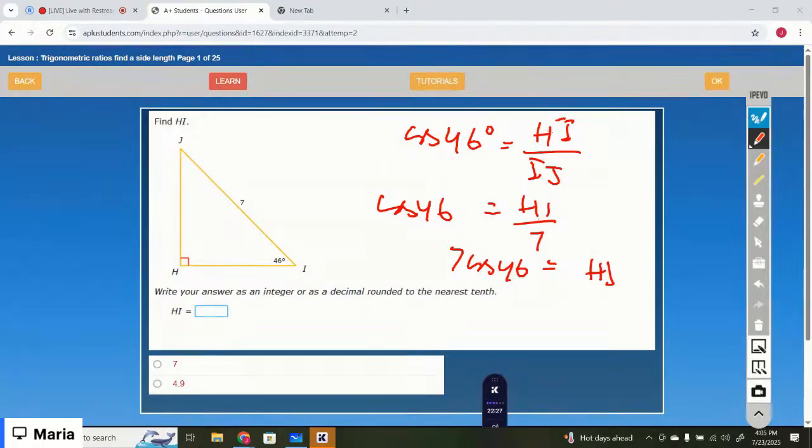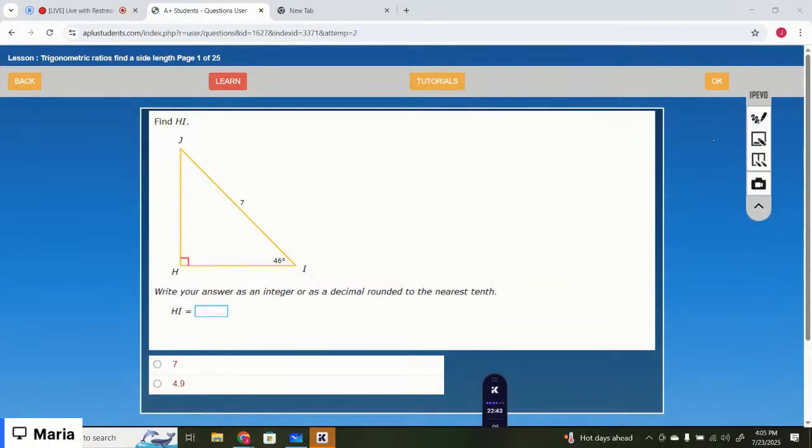Cos 46 is 0.694. 0.694 times 7 equals 4.9. So option number 2 is the correct option. That is 4.9.